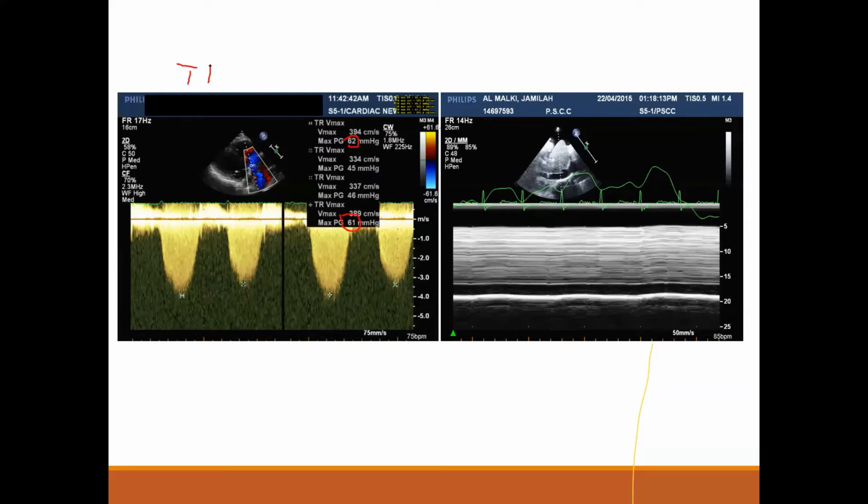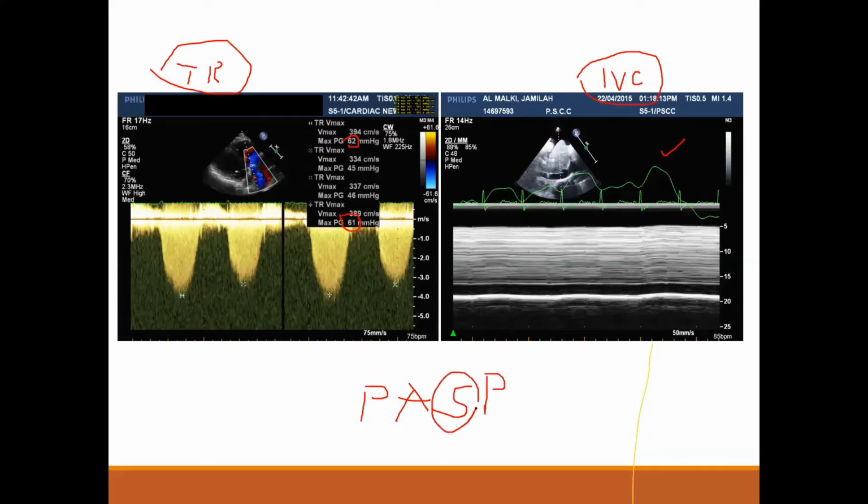So this is TR signal. And this one is? This is IVC tracing. So from these two signals, I can get an important measurement, which is what? Pulmonary artery pressure. Okay, and we have to specify that this is pulmonary artery systolic pressure.